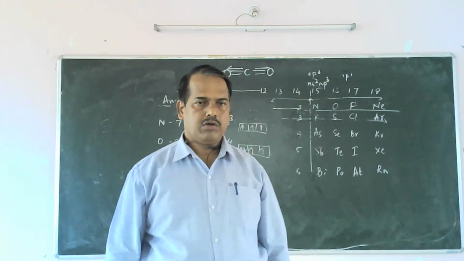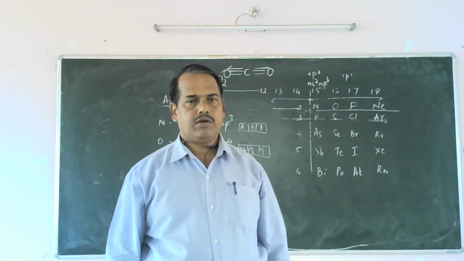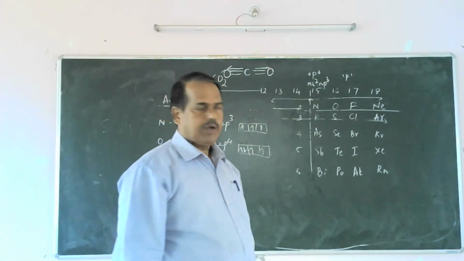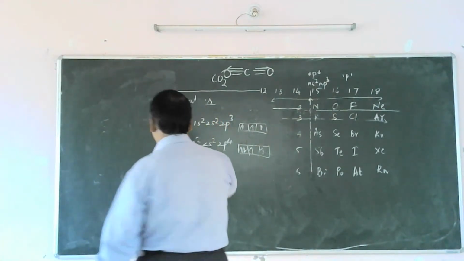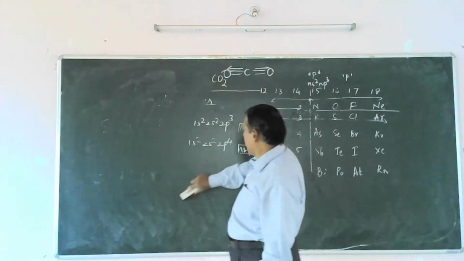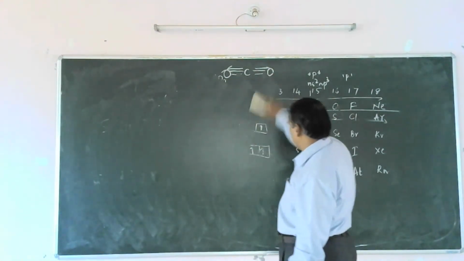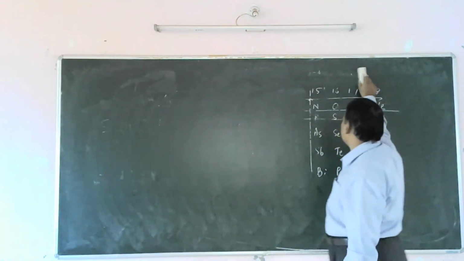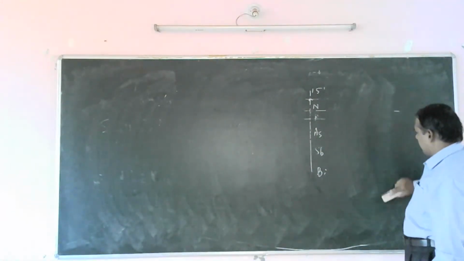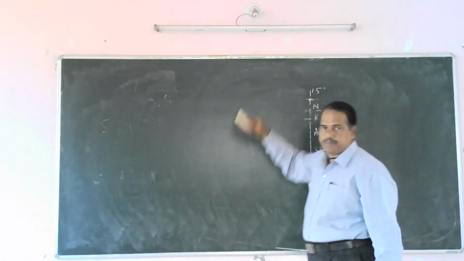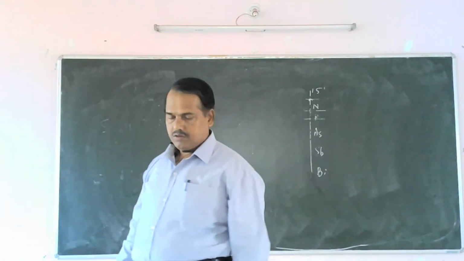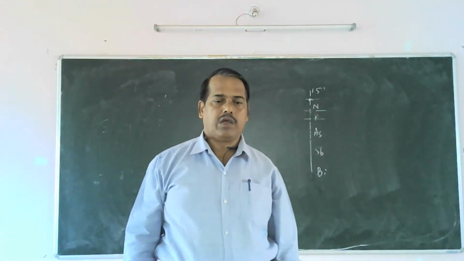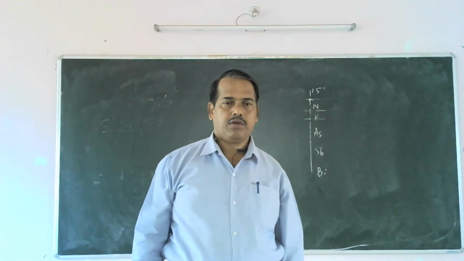Yesterday we discussed the p-block elements and the basic characteristics of the 15th group elements. We discussed the electronic configuration of the 15th group elements, their ionization enthalpy, electronegativity, and electron gain enthalpy.